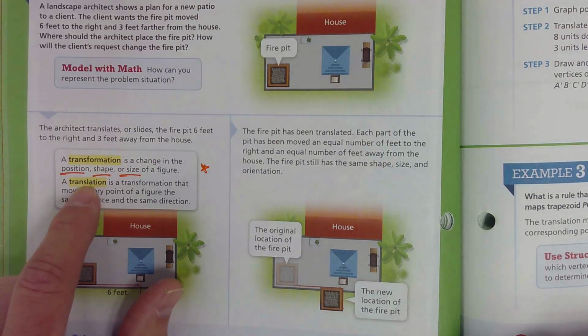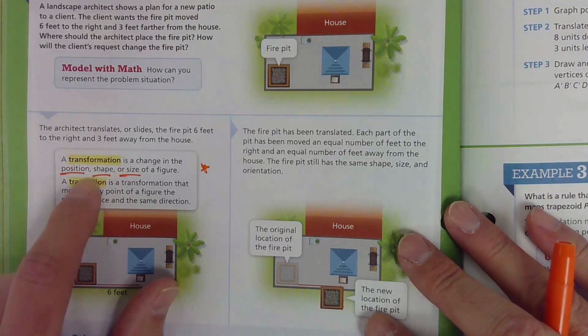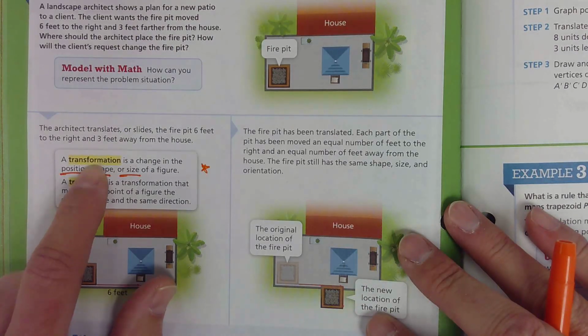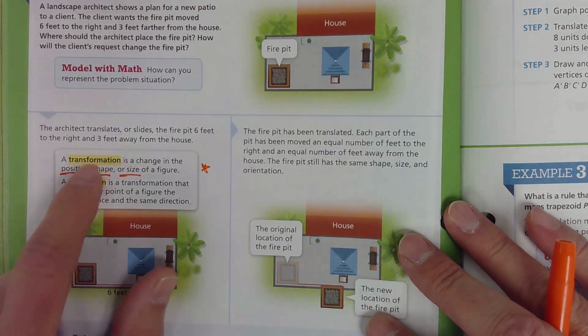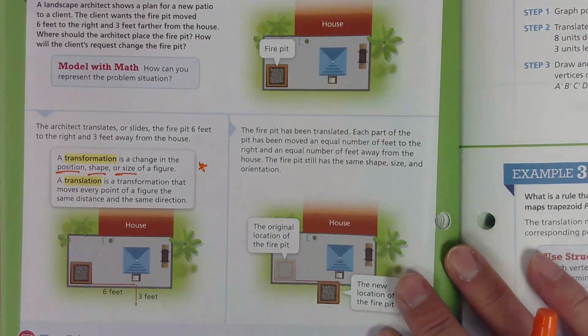A translation is you're just moving that figure, but nothing changes. It stays the same shape and the same size. There isn't any kind of rotation or reflection going on. And those two words look similar, but you'll need to know the definition specifically for each one.